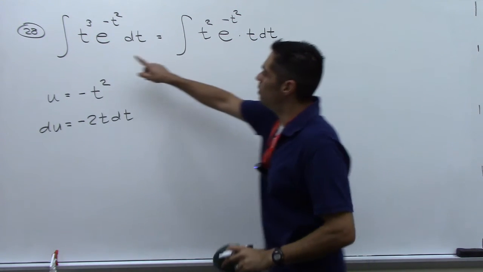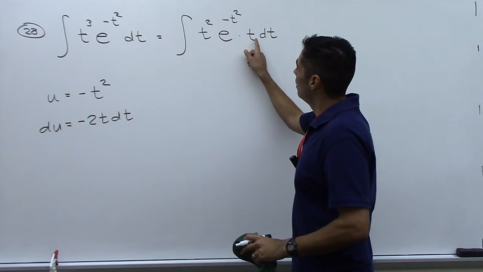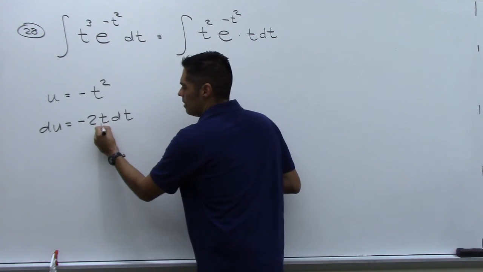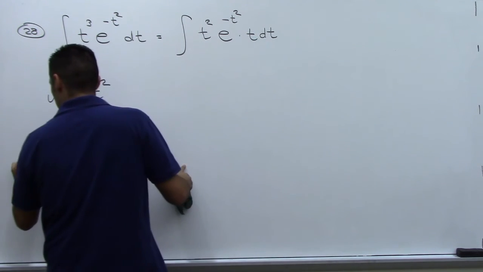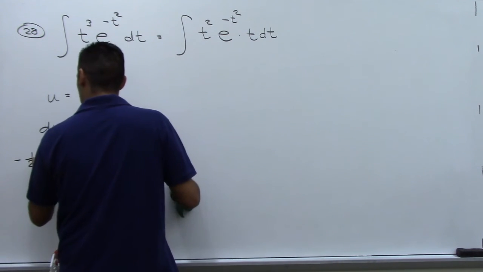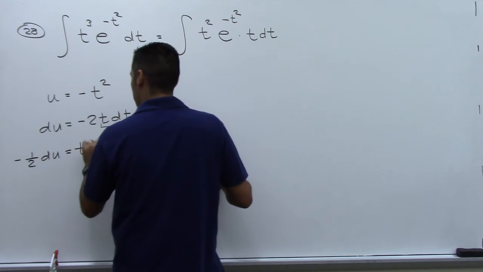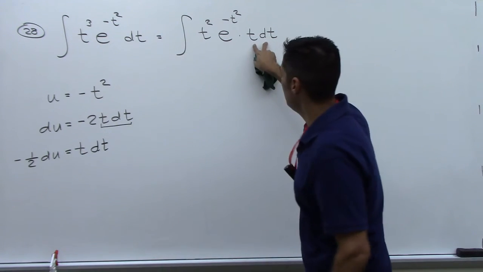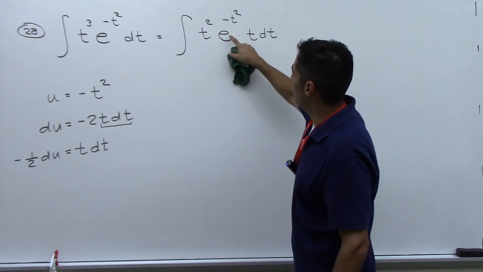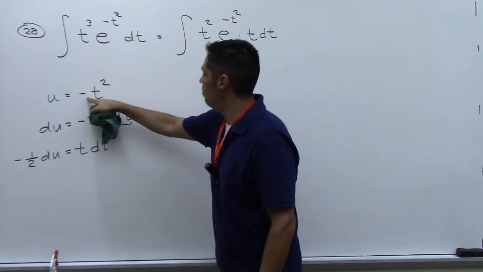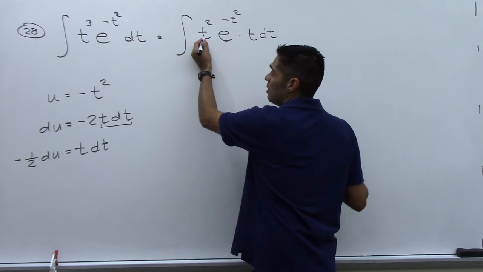I just peeled one of the t's off so that I could get this t dt to match up. So that means I'm going to scale this: negative 1/2 du will be equal to t dt. So I'm going to replace t dt with this, and replace negative t squared with u. And then the question is, what do I replace t squared with?